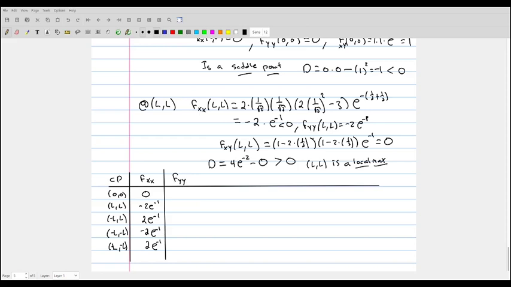For fyy, you get 0, negative 2 e to the negative 1, 2 e to the negative 1, negative 2 e to the negative 1, and positive 2 e to the negative 1.